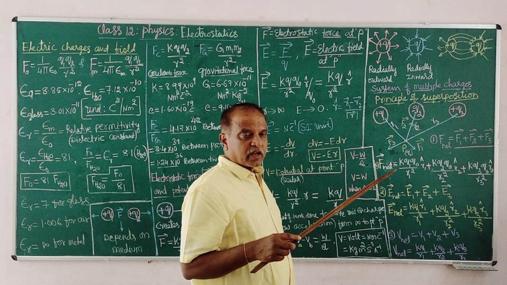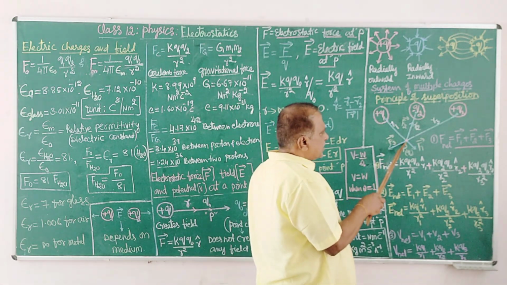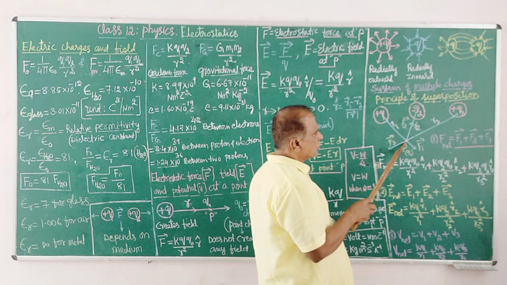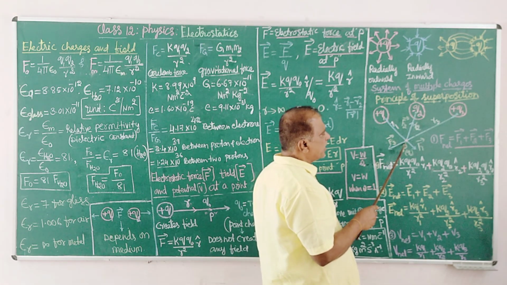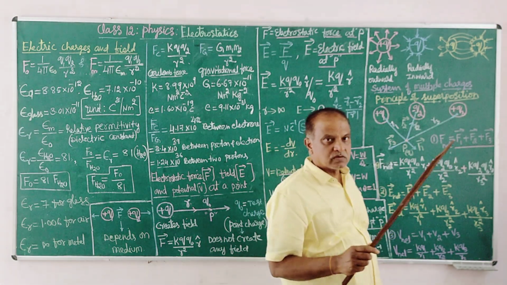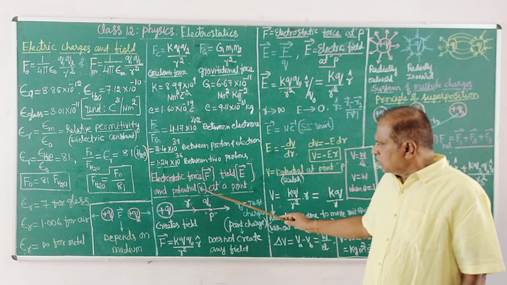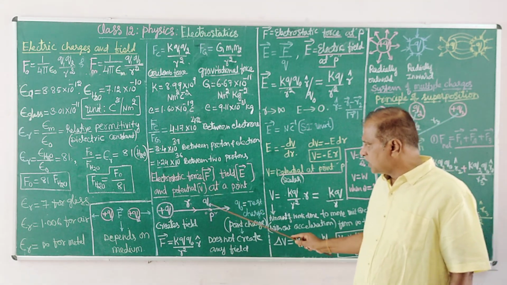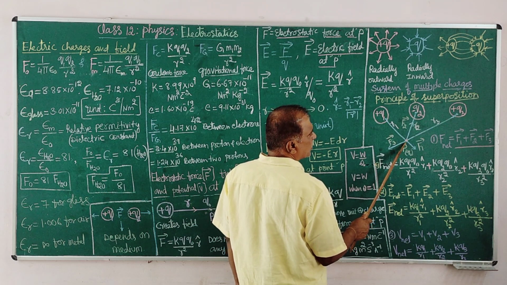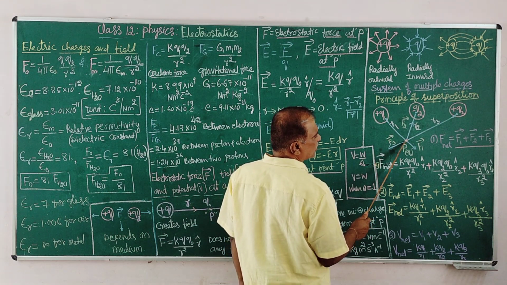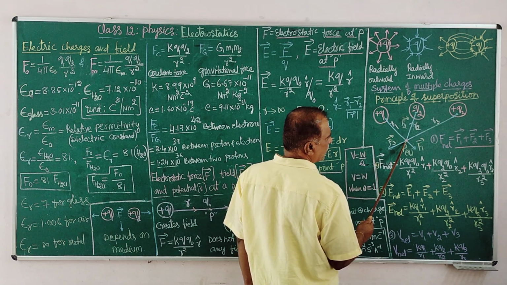In that space, if you are talking about any point, this is the point of study. At this point, we can write the definitions or estimate all these quantities. This is for a single charge, and this is for a space containing multiple charges. We can estimate at this point the electrostatic force, electrostatic field, and electrostatic potential.